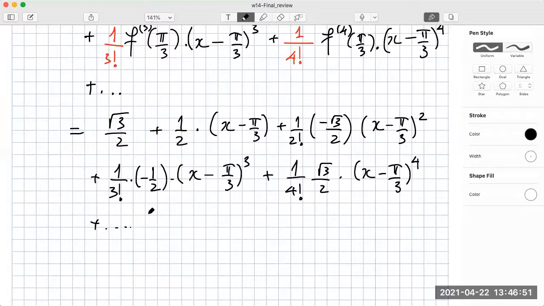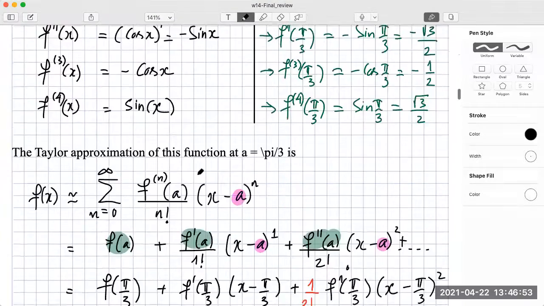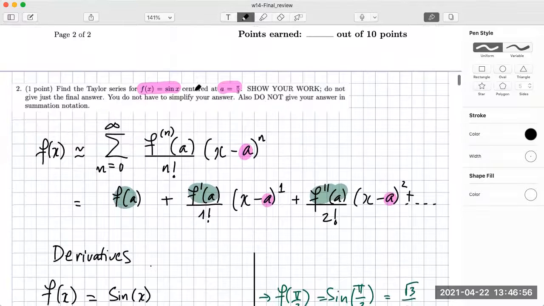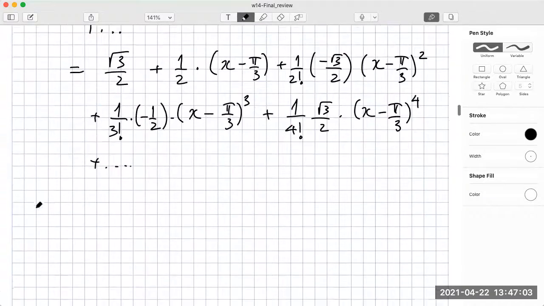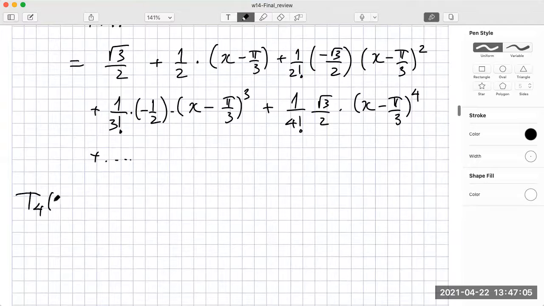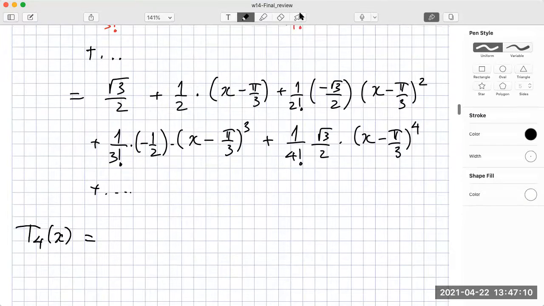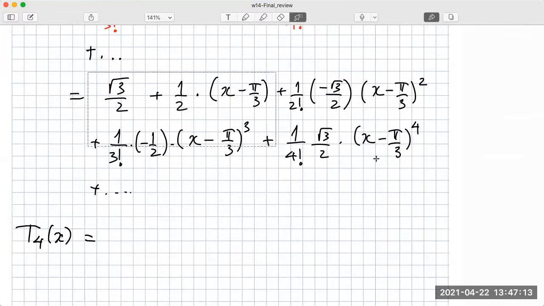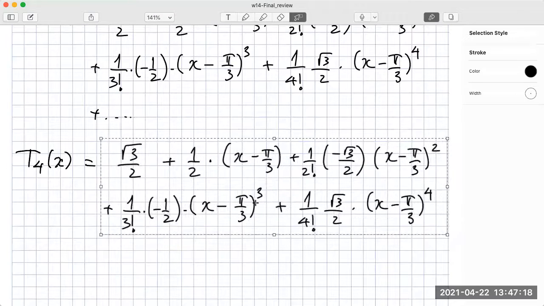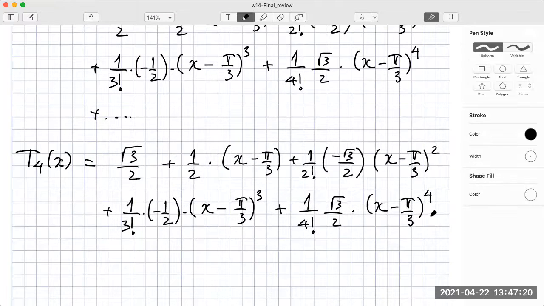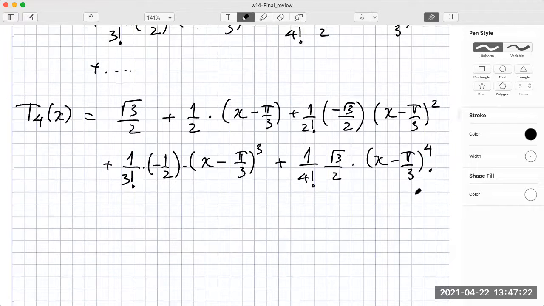Okay. If we are asked to approximate this Taylor function up to the fourth order, then you can write T fourth of x will be simply this guy, right? That is enough. Okay, that's it.